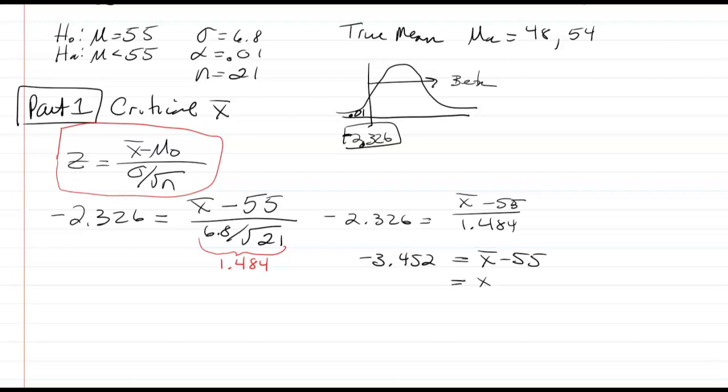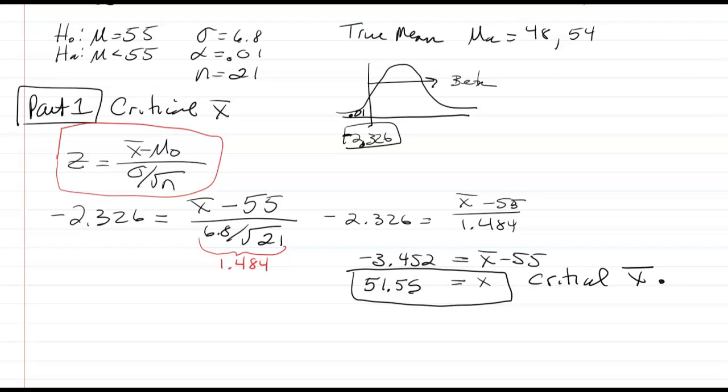When I add 55 to that, I get 51.55. I'm good with 51.55. Okay, this is called the critical Xbar value.